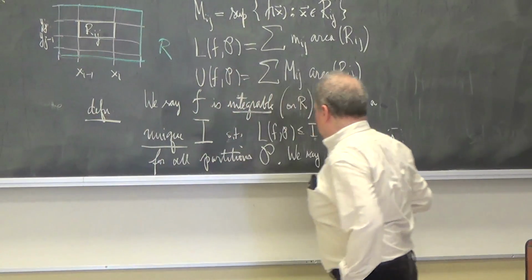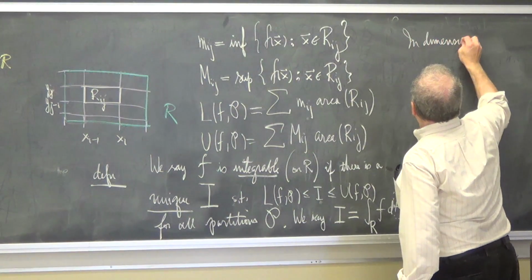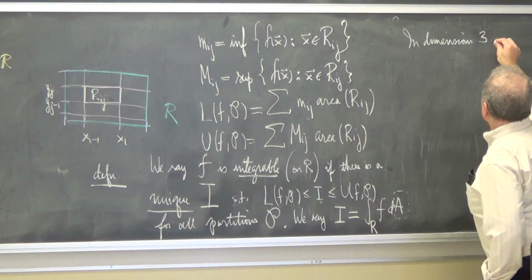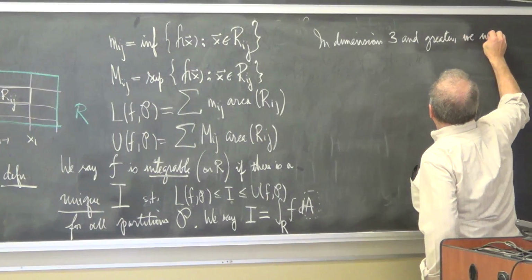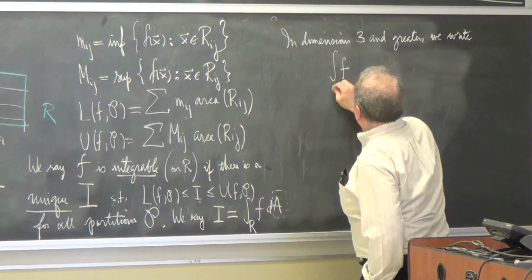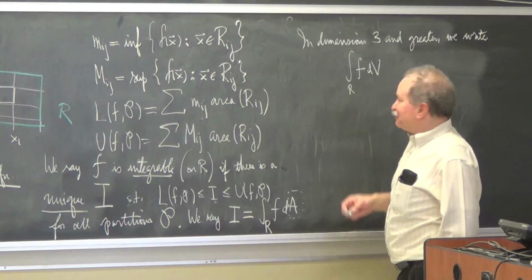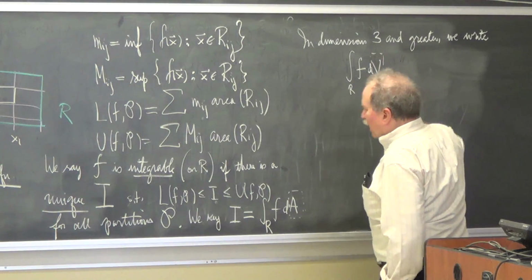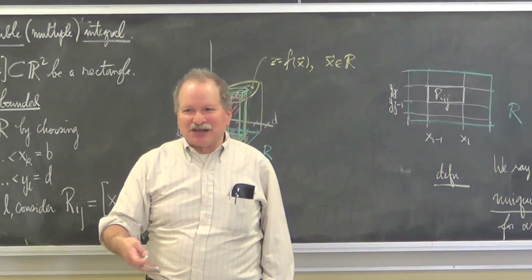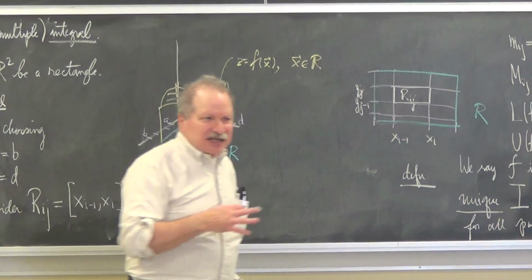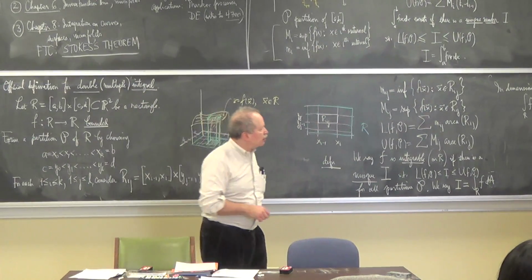If you were in higher dimensions, in dimensions 3 and greater, which we will get to soon, we will write integral of f dV, V for volume. And now you can complain that I'm not distinguishing whether it is 3-dimensional volume, 4-dimensional volume, or 5-dimensional volume. If we're in a situation where it's ambiguous, I might remind you with a subscript to say what dimension we're working with.